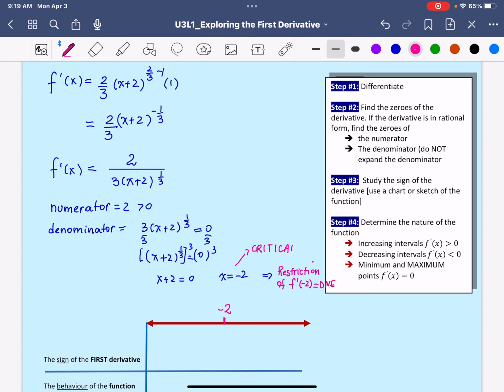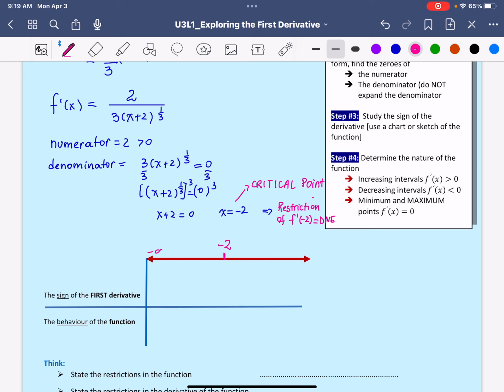Use the chart to study the sign of the derivative. So here is negative infinity, here is positive infinity. And the derivative is 2 divided by 3 times (x plus 2) to the power of 1 over 3.